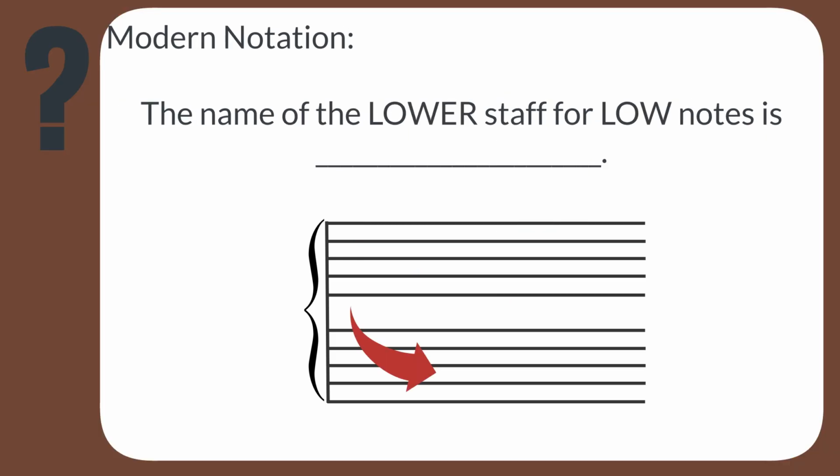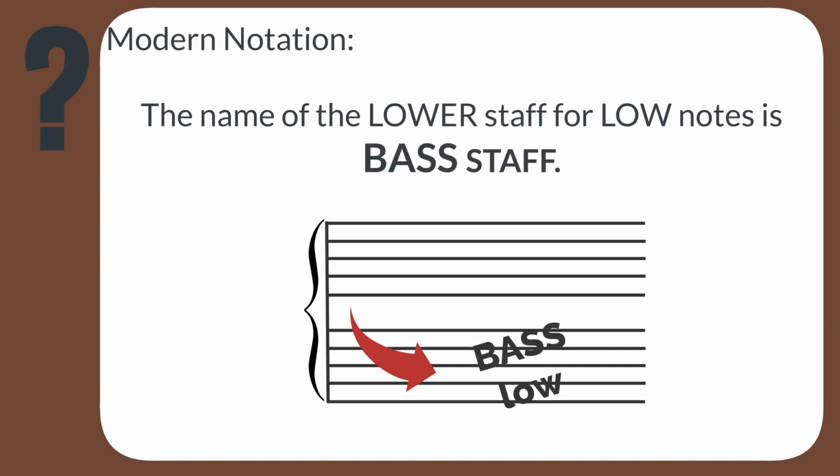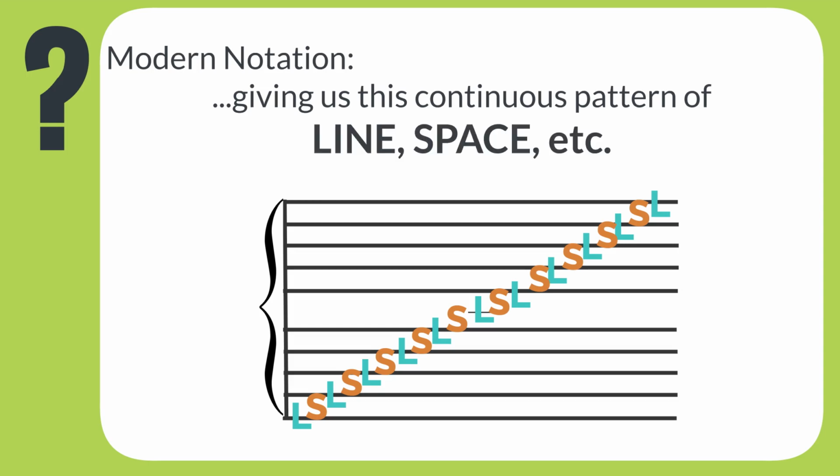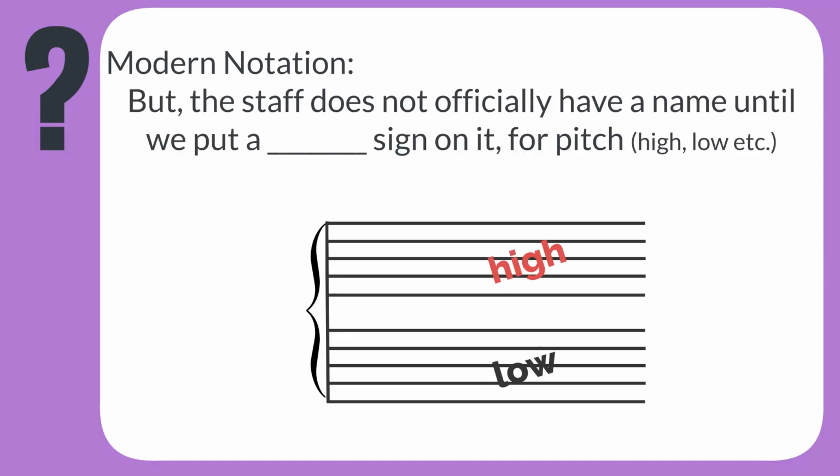The name of the lower staff for low notes is bass, giving us this continuous pattern of line, space, line, space. But the staff does not officially have a name until we put a blank sign on it for pitch. Clef.